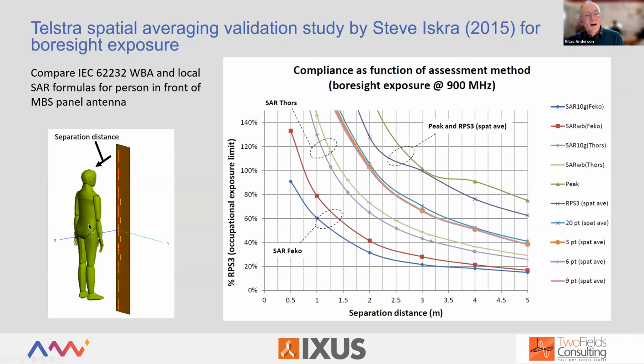Okay, now in the next slide, I want to talk about spatial averaging validation. I said earlier on that RPS S-1 doesn't really give any clues as to what sort of spatial averaging scheme you can use. But nonetheless, there's a general requirement that reference level limits should always ensure that if you comply with the reference level limit, then you're also automatically complying with the basic restriction limits.